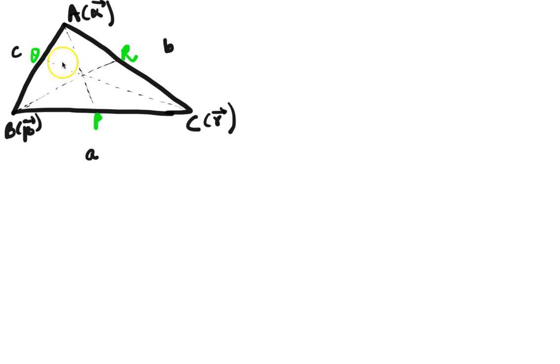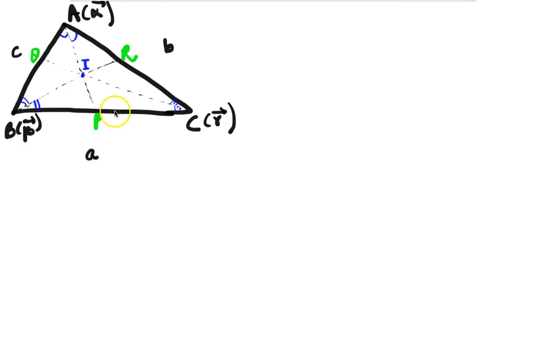AP is an angle bisector of angle A, so this angle is equal to this angle. BR is an angle bisector of angle B, so this angle is equal to this angle. And CQ is an angle bisector of angle C, so this angle is equal to this angle. We need to find the position vector of I.